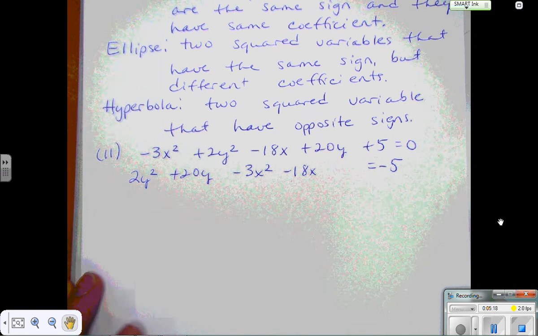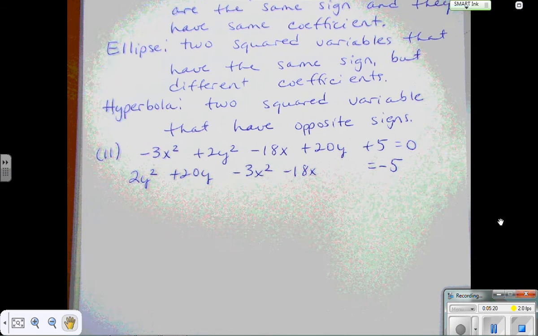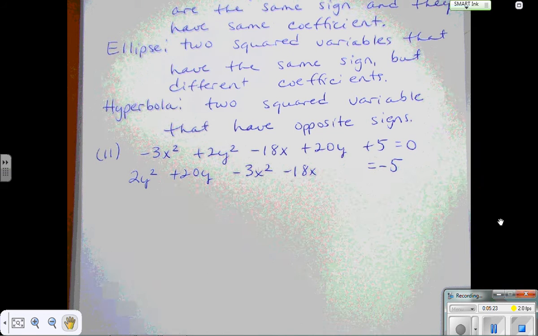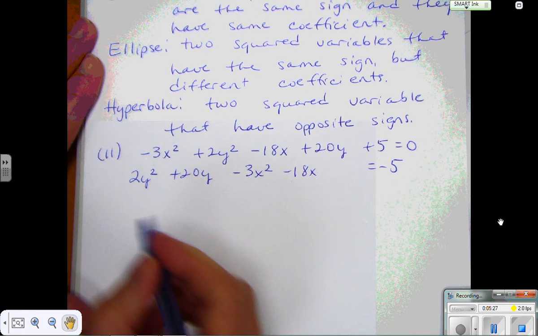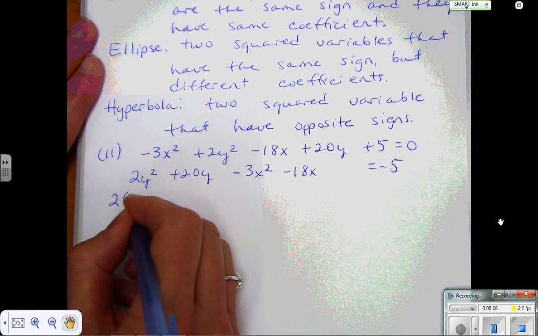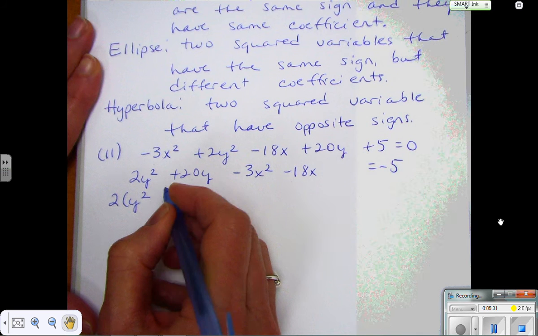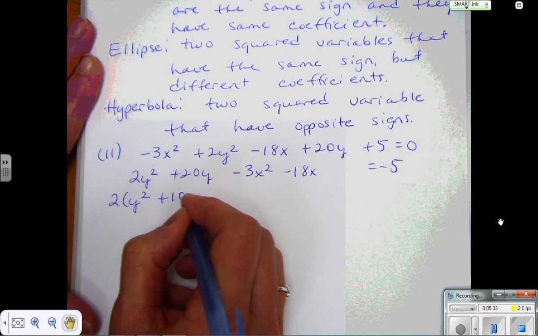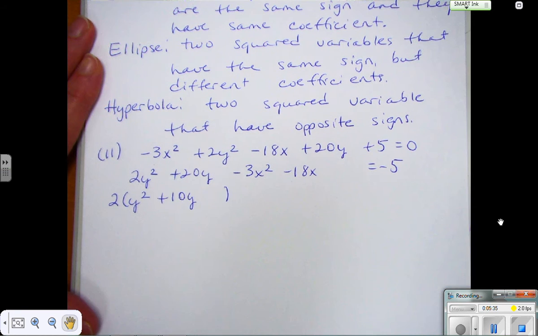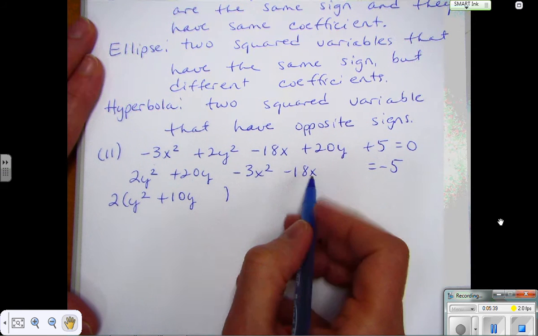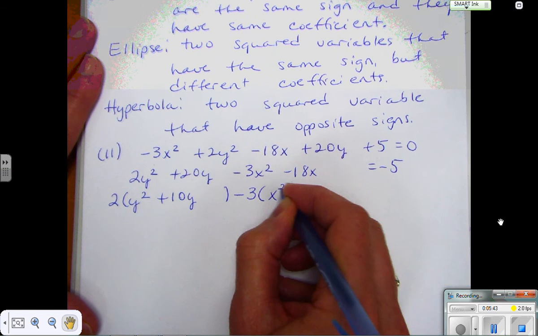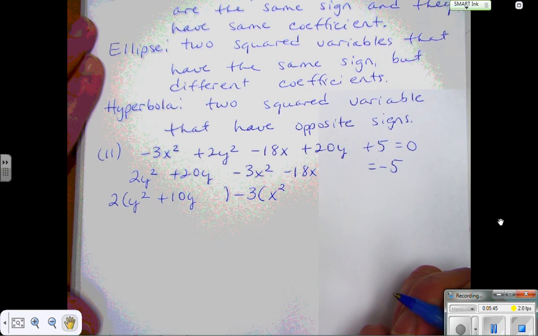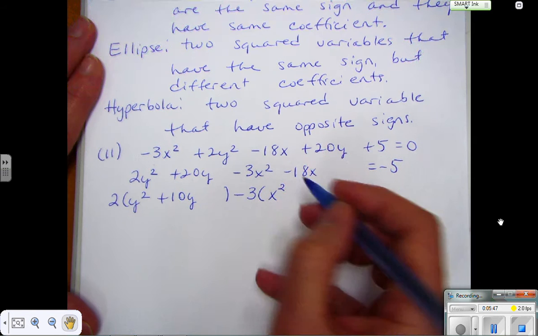And I need to complete the square to get this in standard form. So I need to factor a 2 out of my y, so I have a leading coefficient of positive 1. 2 times y squared plus 10y. I'm going to leave some space so that I can complete the square in the parentheses. And for my x's, I need to factor a negative 3 out, so I have a positive 1 coefficient for my x squared. That's going to change my linear term to positive.